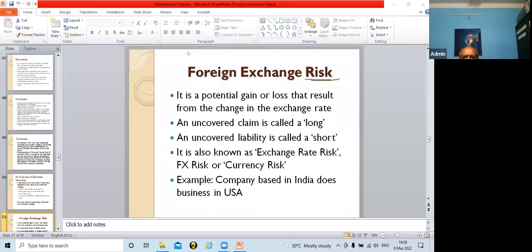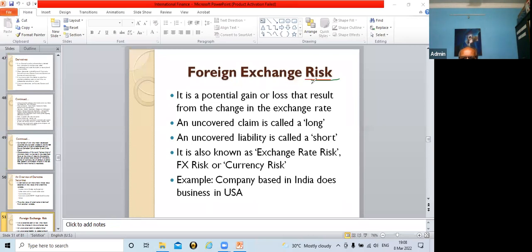So my point is that every day there is a fluctuation in rate. Maybe now because of this war condition and a lot of pressure, the dollar rate is increasing day by day.